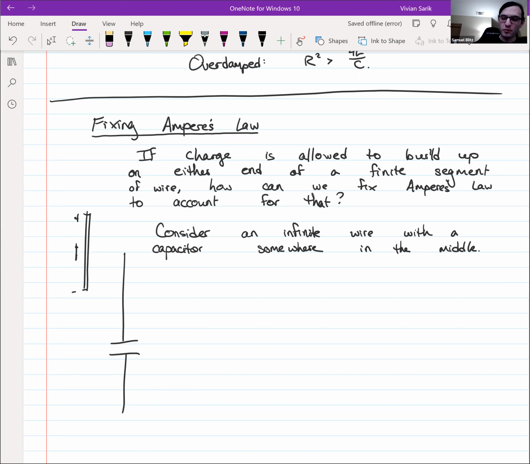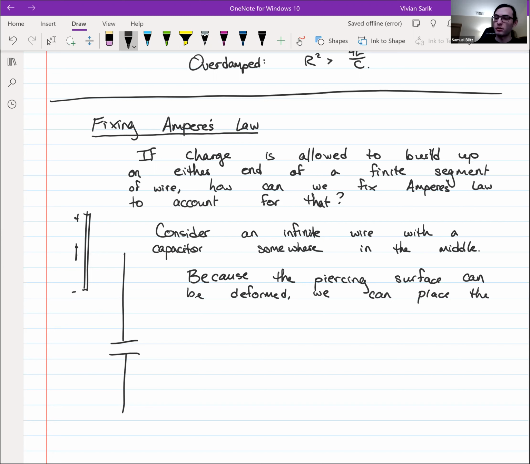Because the piercing surface, which is what we are interested in for finding the amount of current passing through it, can be deformed, we can place the surface through the gap in the capacitor.